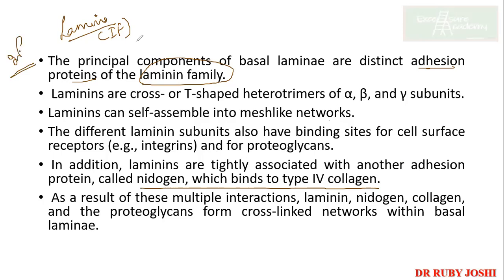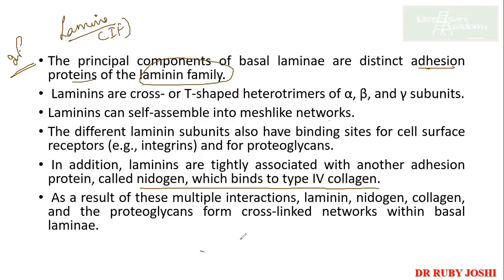As a result of these multiple interactions, laminin, nidogen, collagen, and the proteoglycans form cross-linked networks within the basal lamina. So what is basal lamina? It is nothing but the cross-link networks of the adhesion proteins with your collagen as well as your proteoglycans. Okay? What have we seen now?